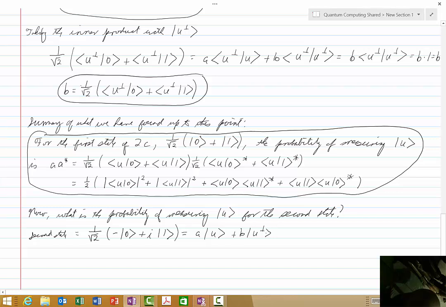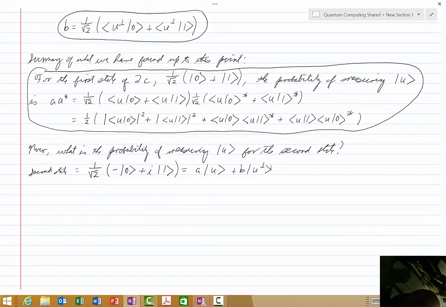Now this time I won't compute both a and b. I'm only going to compute a so that I can compare a conjugate. This is the crucial thing we calculated for the first one. I want to calculate a conjugate for the second one and see how to make them different, because remember, our goal is to find a way of measuring these so that they will give different probabilities, and also to give those probabilities. So let's see what happens now.